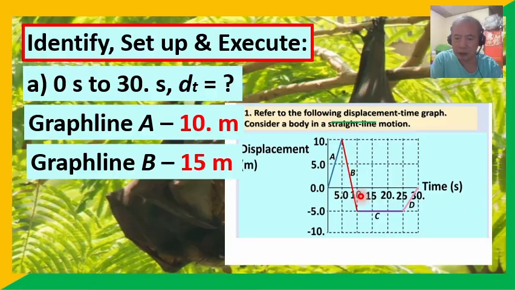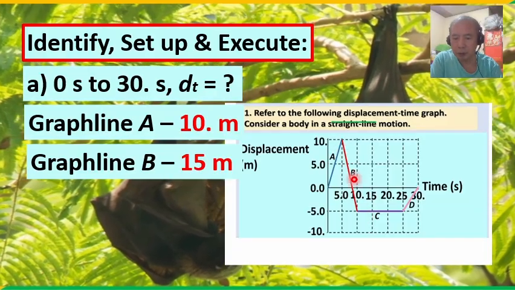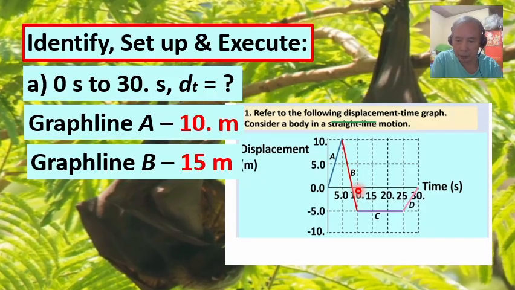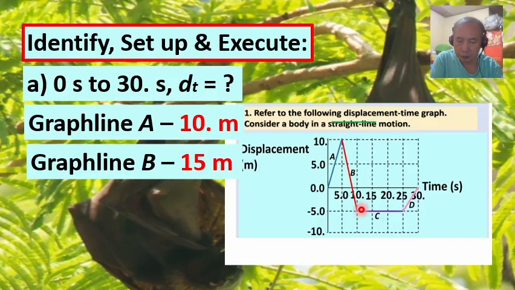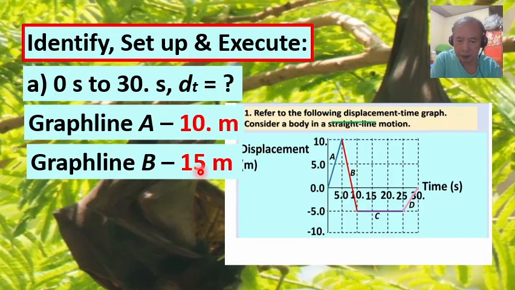But taking only the magnitude of the positions, we have a total of 10 meters plus 5.0 meters. So that is equal to 15 meters.